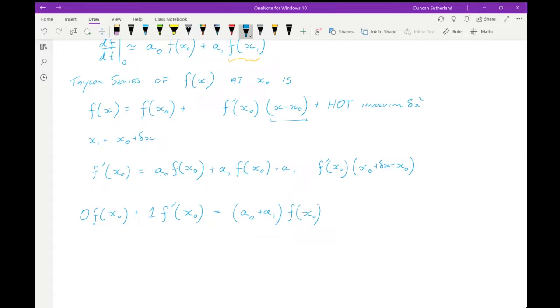There was no f of x0 term here. I introduced it explicitly and multiplied it by 0, so these are mathematically the same thing.